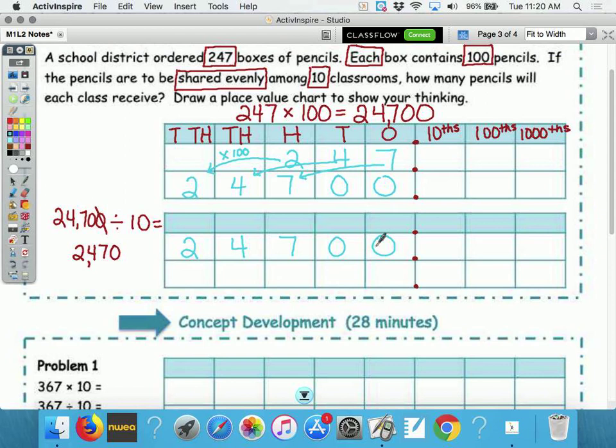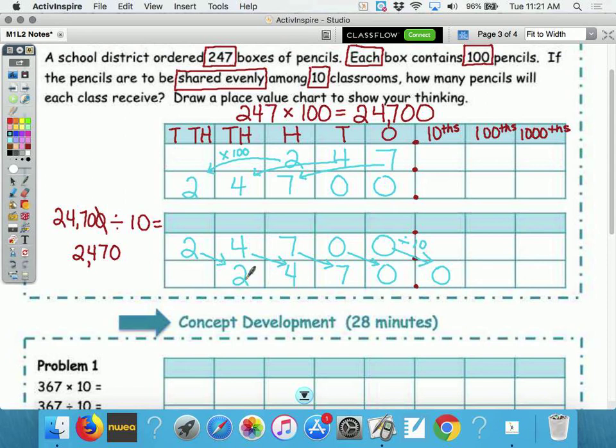So how many place values? 1. Which way? Right. Okay. So divide by 10, correct? So we got 2,470.